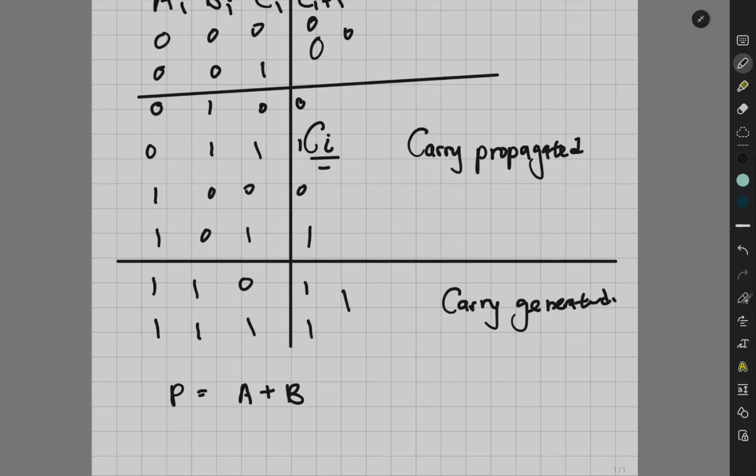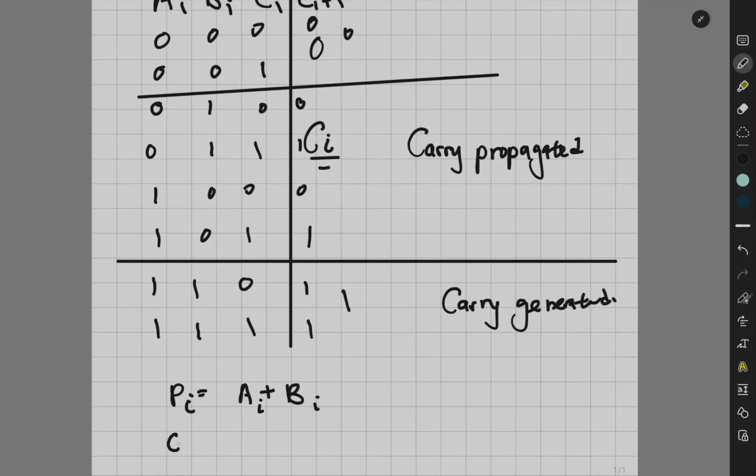So P is actually dependent on Ci now, isn't it? Because if A is 1 and P is also 1, the output is already related to Ci, right? So this is Pi.